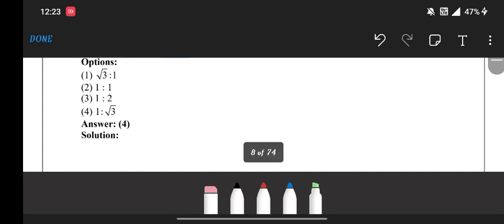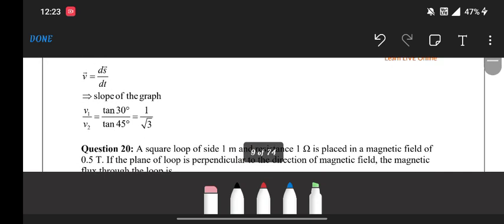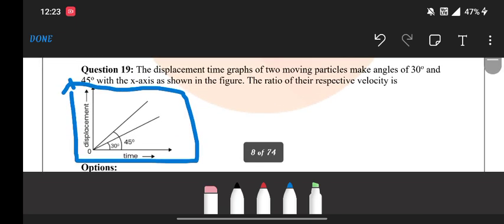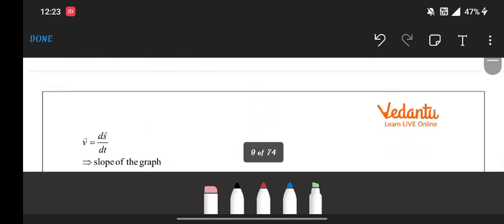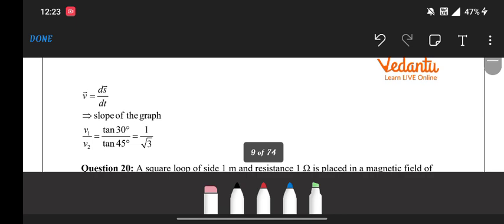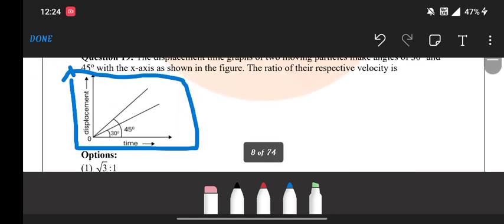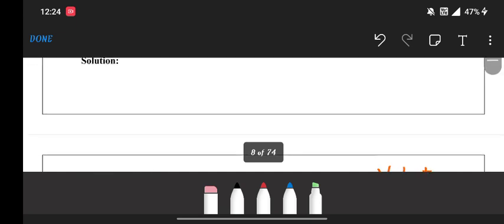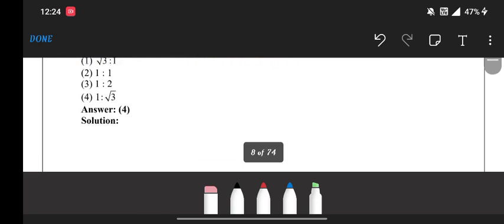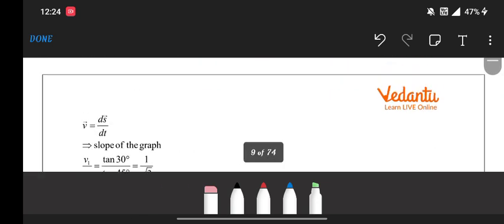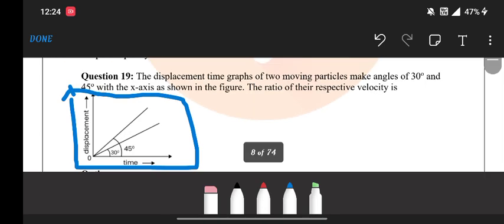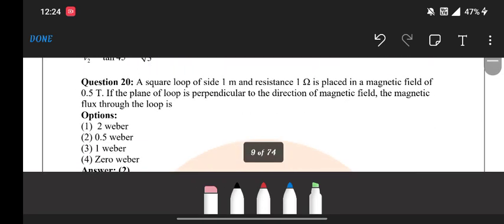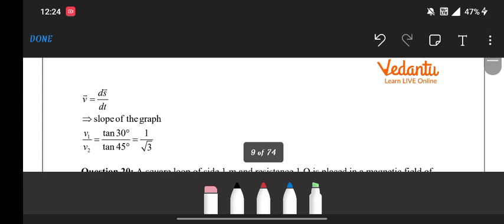So after seeing that, velocity is equal to ds by dt, that is displacement by time. Displacement is on one side and time on the other. So v1 by v2 we can write as tan 30 by tan 45.